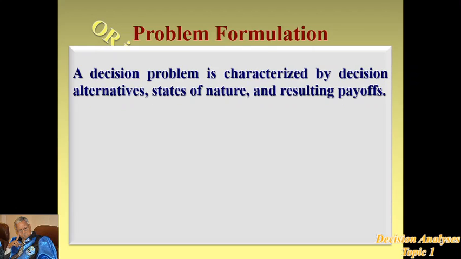We said that a decision is a function of decision alternatives, state of nature, and environmental condition. The combination of any decision alternative and any state of nature will lead to a certain payoff.